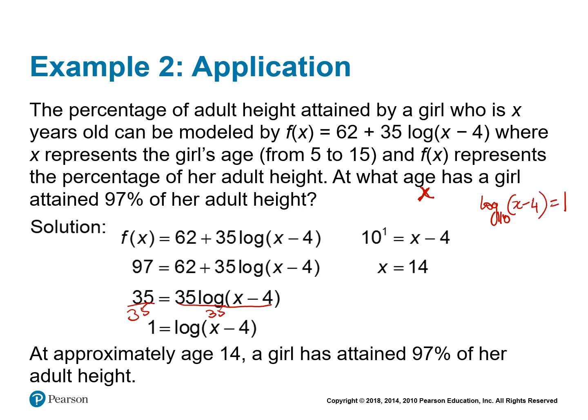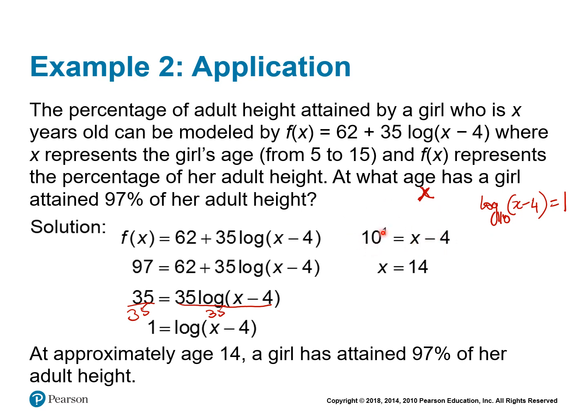All right, so if we write this in exponent form, remember in solving logarithmic equation we have to rewrite it in exponential form. We have to convert the logarithmic expression into exponent. So 10 to the power 1, x minus 4 goes to the other side.